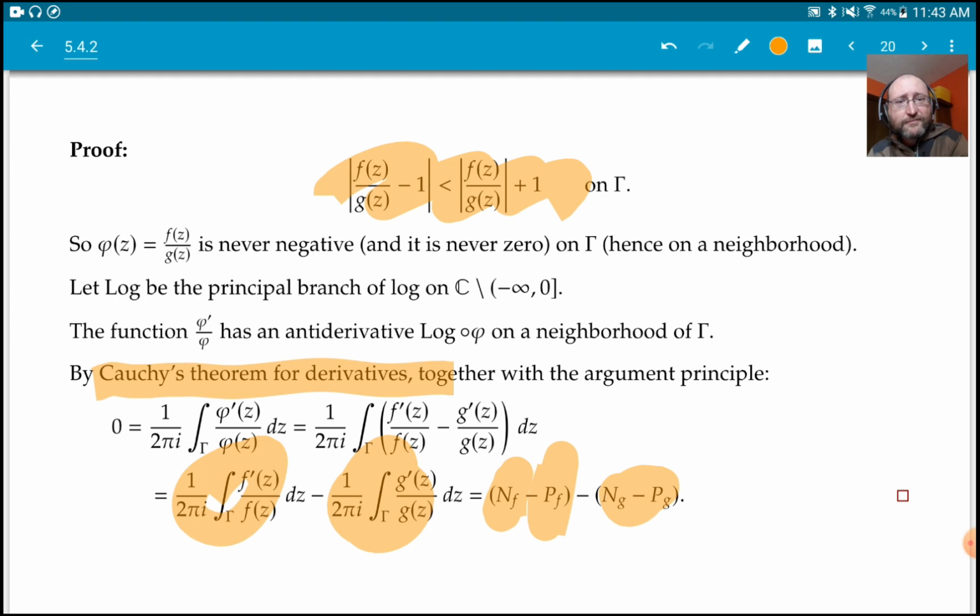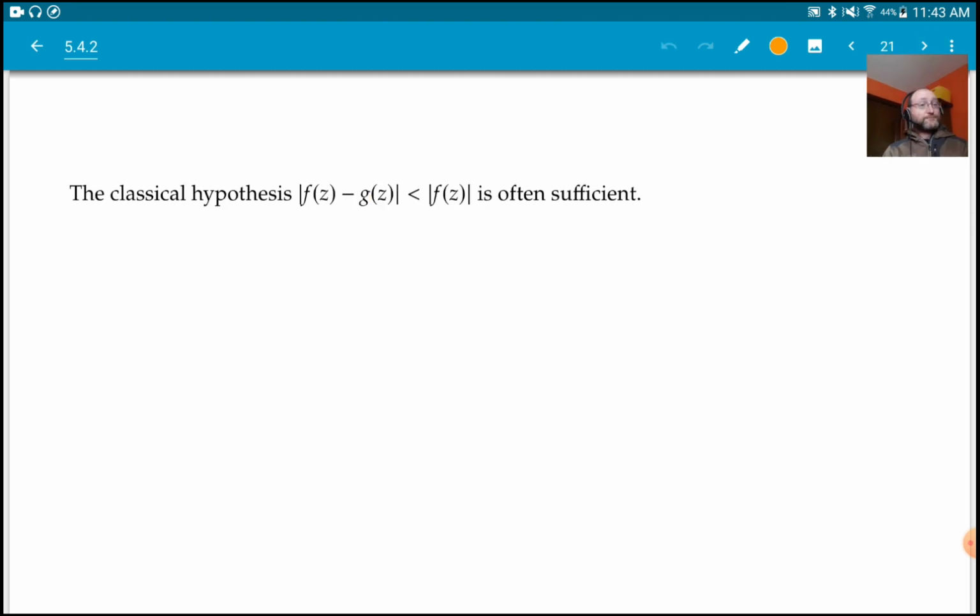All right, so when you look at how this winds around, it can sort of never wind around the 0, right? When I look at phi.